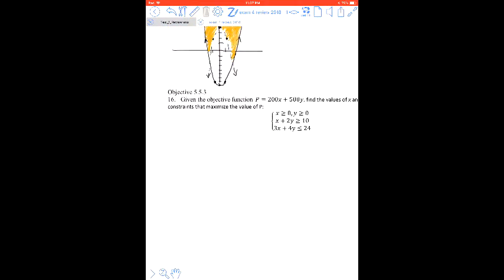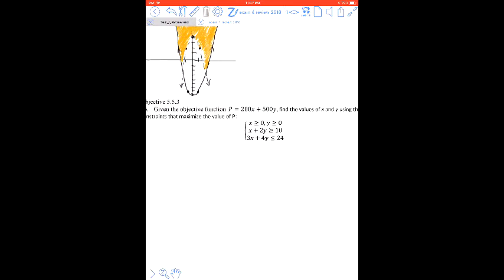All right. Question 16. We need to maximize the value of p using these given constraints. So this is what was called linear programming from section 5.5. So what we need to do is graph the system of linear inequalities and then figure out the feasible region.